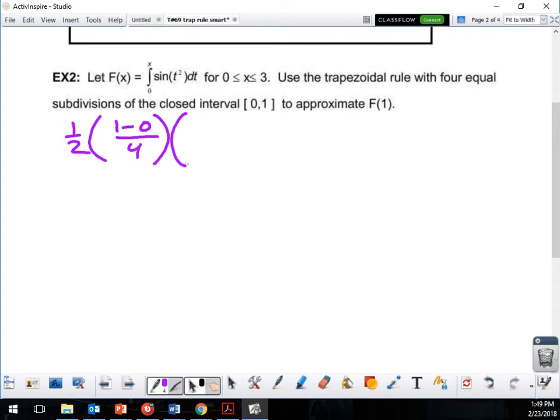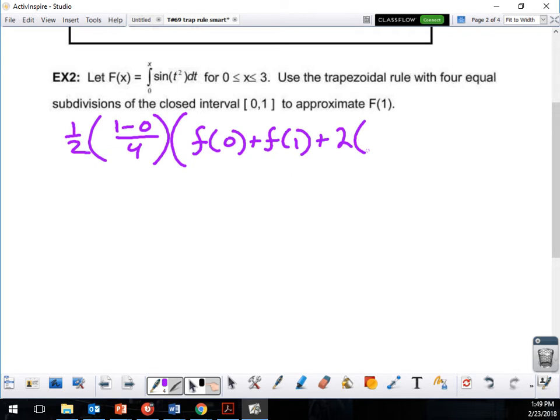So it's going to be f of 0, plus f of 1, plus 2 times f of, so this is going to be 1/4, right?